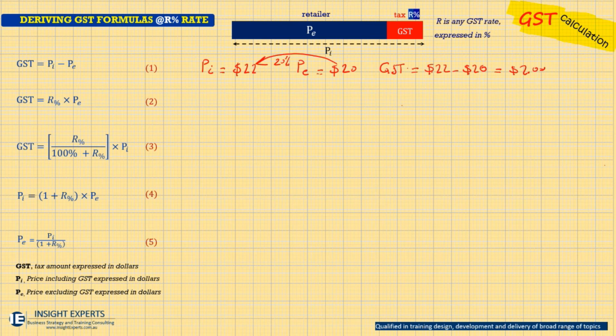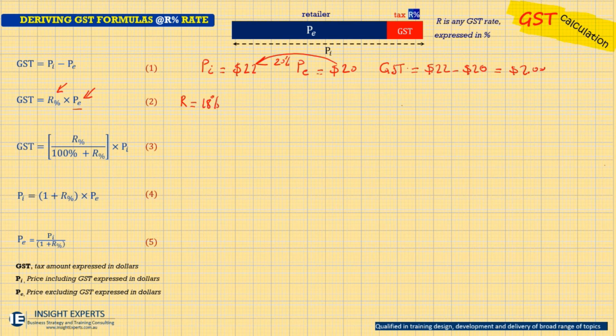Now, moving on to equation number two, it states that the actual GST amount can be calculated by simply multiplying the price before tax, or the retail recommended price, by the GST rate, any GST rate. So let's say, for example, my GST rate is 18%.